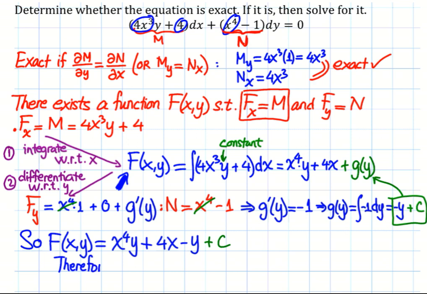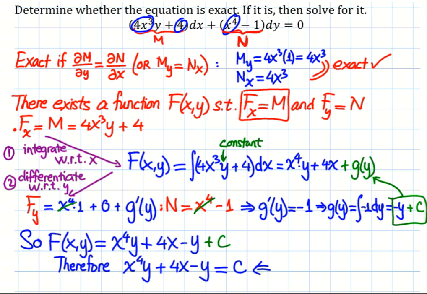Therefore, the solution in implicit form, we can just say x to the fourth y plus 4x minus y equals a constant c. As mentioned before, that equals a c, and then moving the green c to the other side, we have another constant. So we write the solution in this implicit form.